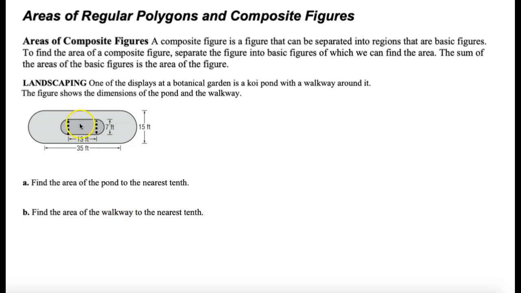So let's do the rectangle first. Area is base times height. So 13 times 7. And I believe that'll be 91 square feet for that part.